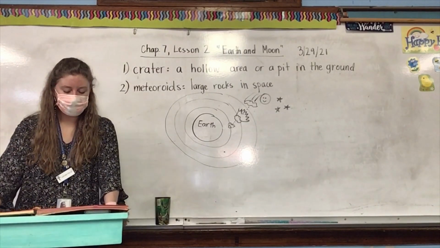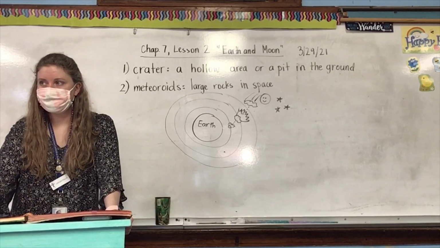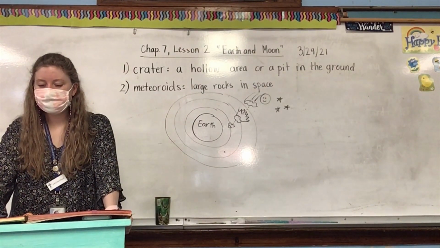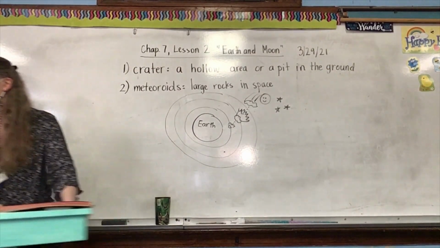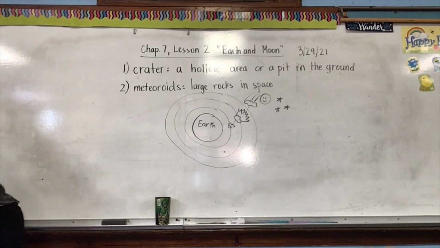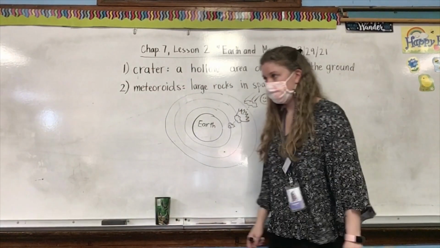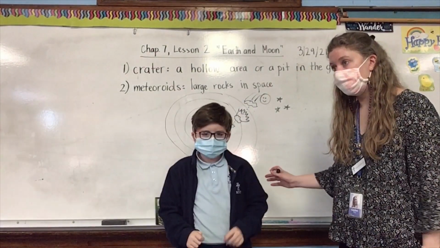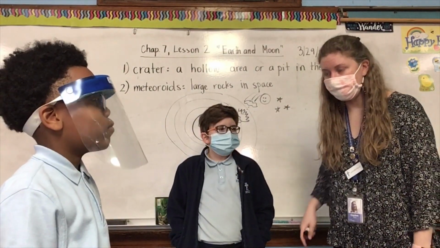So, this is going to be difficult. I don't think we have enough space this year. Mason, can you come up here and be the Earth? Kingston, come be the sun. Does the sun move? Nope.